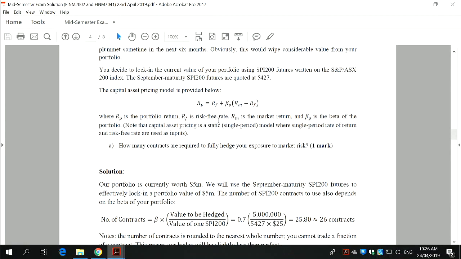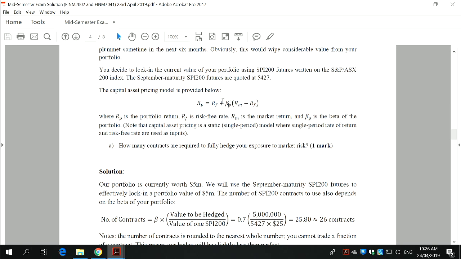We need the risk-free rate. I told you the risk-free rate is 3%, semi-annual compounding, right? Because it's a static model, all you need to do is take 3% divided by 2. So that's 1.5% for the 6 months. Okay? And that's 6 months later. So you can plug in 1.5% for the risk-free rate.